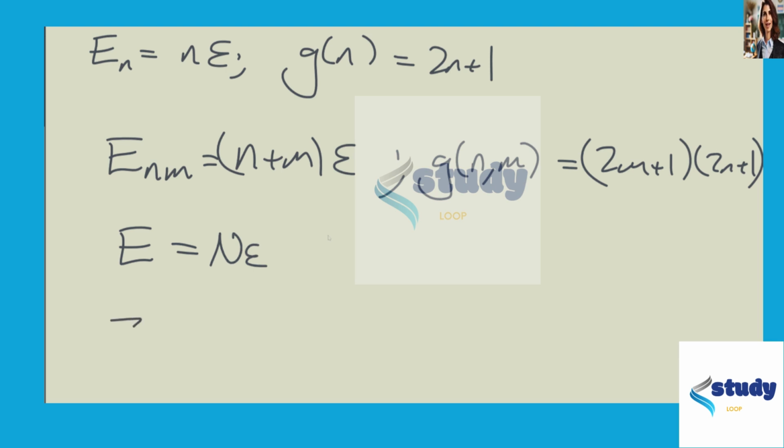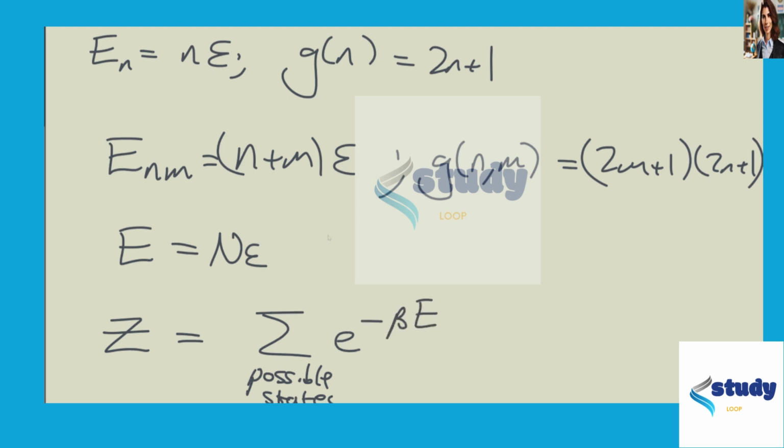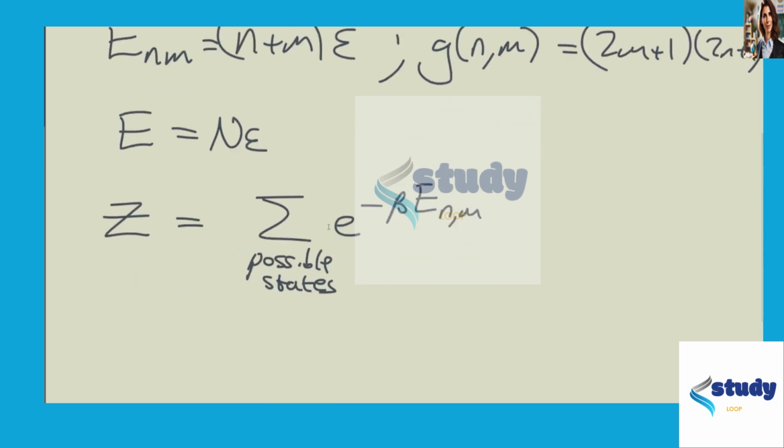Then the partition function is going to be the sum over possible states of e to the minus beta times the energy of that state. So the possible states are going to be indexed by n and m.